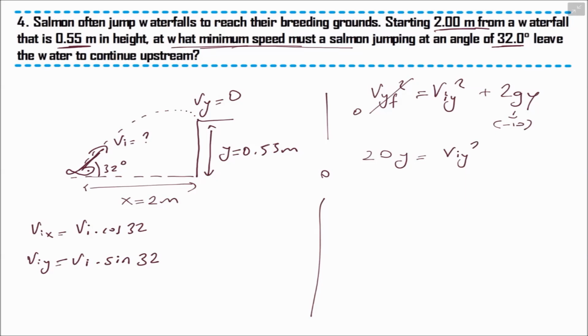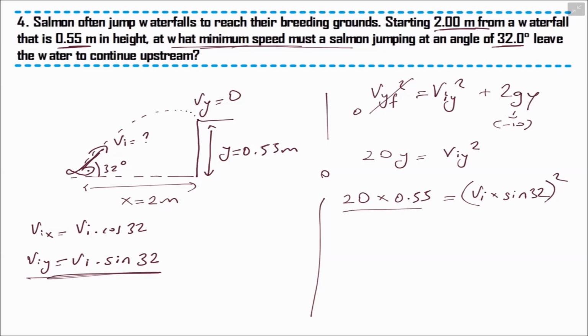y squared. Instead of v initial y, I will substitute this. So 20 times, and the y is also given here, 0.55, equals v initial times sine 32 squared.